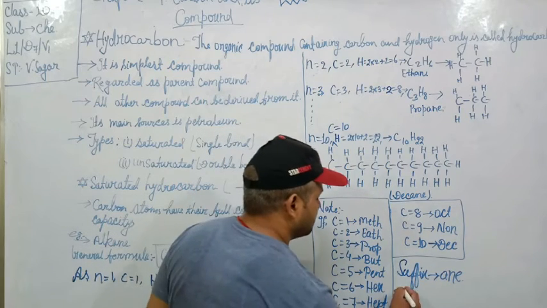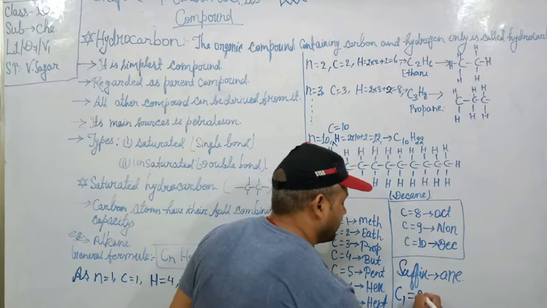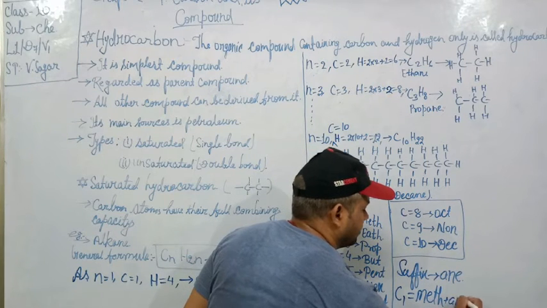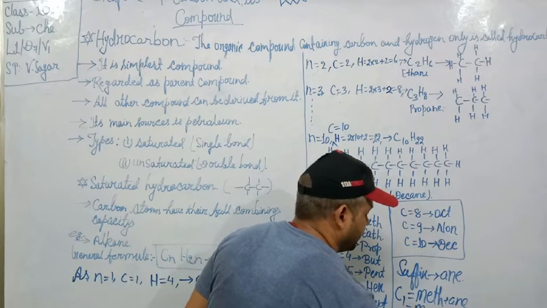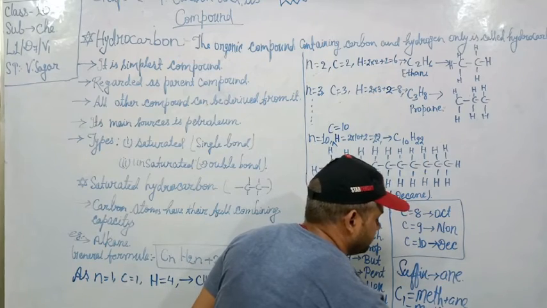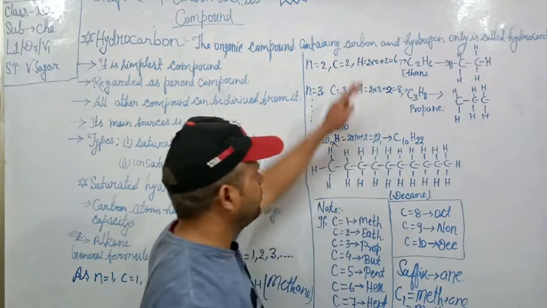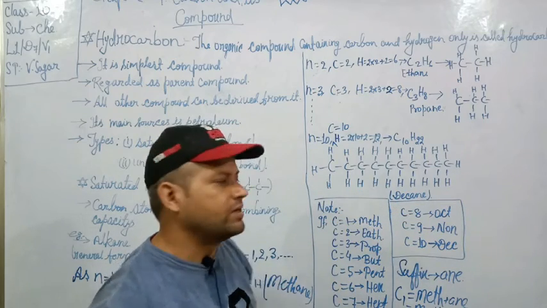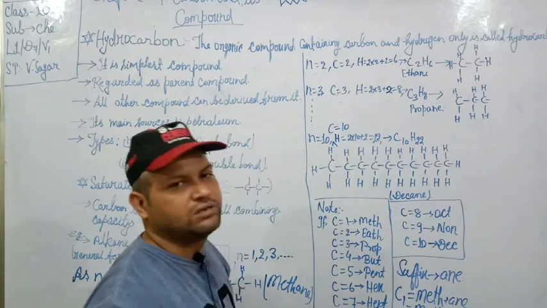As for example, C is equal to 1, then meth plus ane is methane. In the same way, all the names are written for the respective number of carbon atoms by using this table.